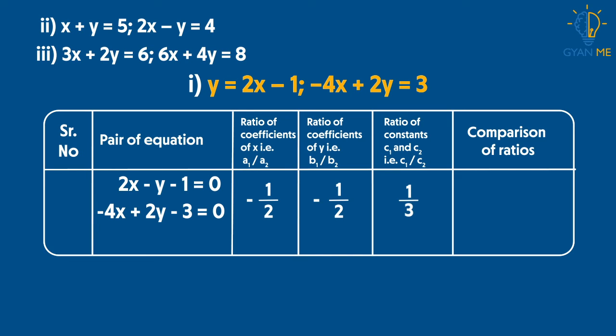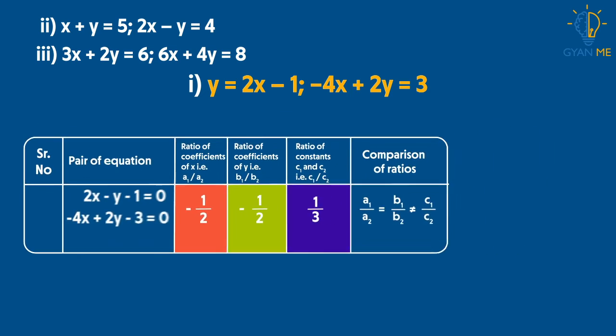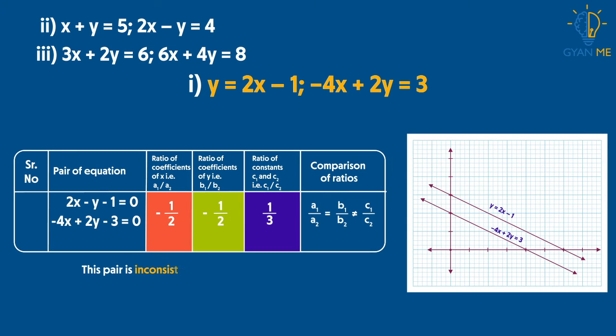We get a1 upon a2 is equal to b1 upon b2 is equal to minus 1 upon 2, while c1 upon c2 is equal to 1 upon 3. Therefore, we find that a1 upon a2 is equal to b1 upon b2 is not equal to c1 upon c2. Thus, this pair is an inconsistent pair, and as we know, the graph of an inconsistent pair is two parallel lines.